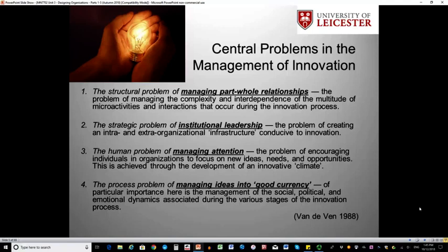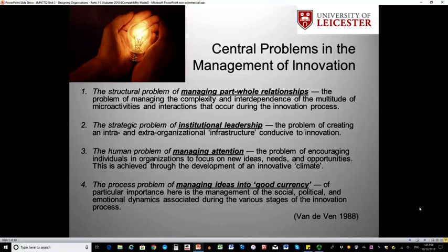institutionally developed infrastructure. And finally, Van der Ven talked about the problem of process. How do you manage ideas that emerge from all sorts of different parts of the organisation or beyond, for example with customers? How do you manage those ideas from their inception through to what he calls good currency?